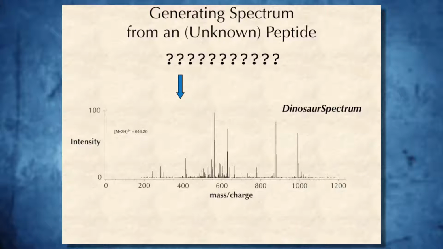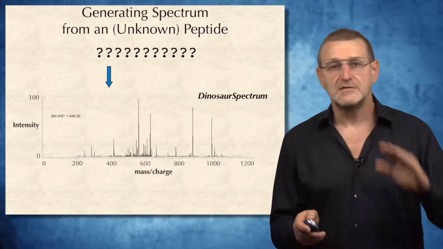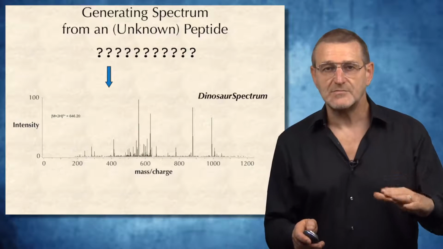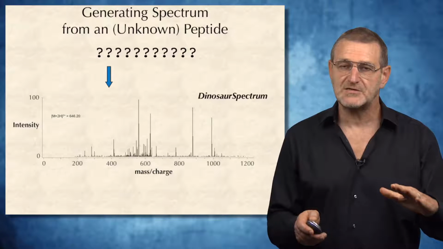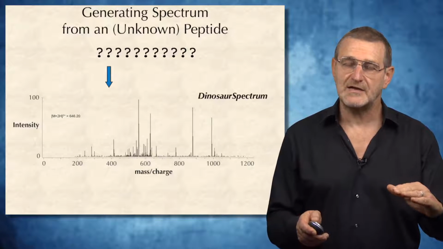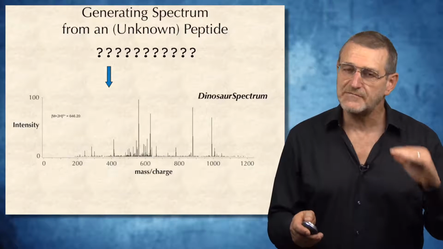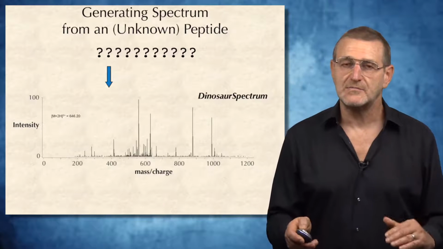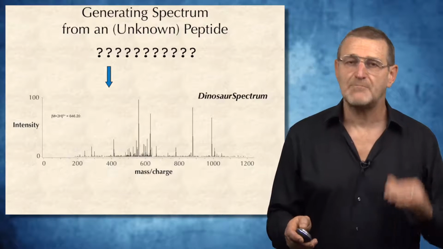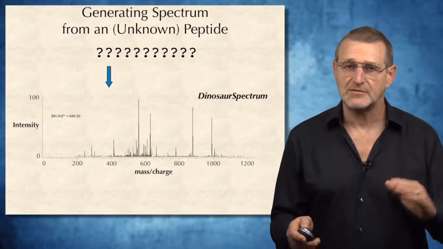We are now ready to attack the problem of finding an unknown peptide that generated a given spectrum. This is a spectrum that was generated by a mass spectrometer from an unknown peptide, and our goal is to solve the reverse problem. Given a spectrum, find what was the peptide that generated this spectrum.